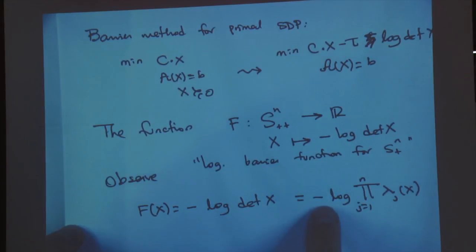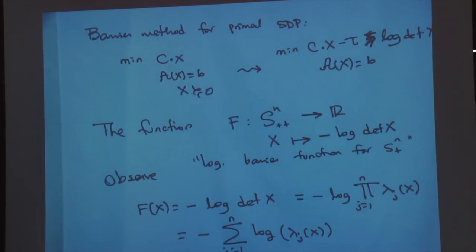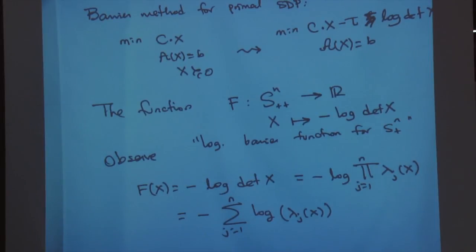And if you think about the properties of the log, this is negative sum of the log of the eigenvalues of x. So there is this really cool connection with the logarithmic barrier function in linear programming.